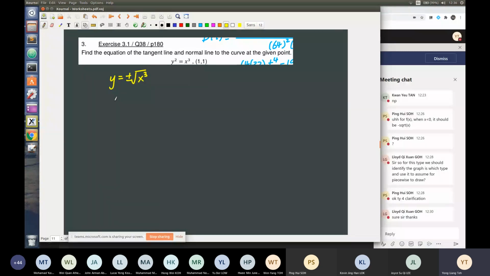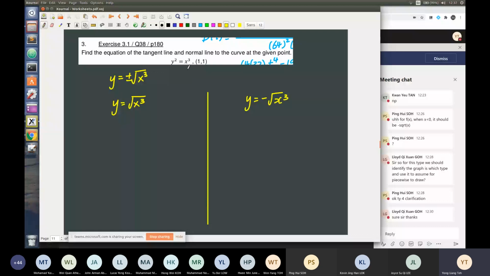So therefore, we have y equals square root of x cubed, and the other one is y equals minus square root of x cubed. Okay, so we can work out each separately. And later on, of course, you will see that you actually have two tangent lines and two normal lines. We're going to prove that in Desmos later on, but let me just show you how to go about getting the tangent line here.